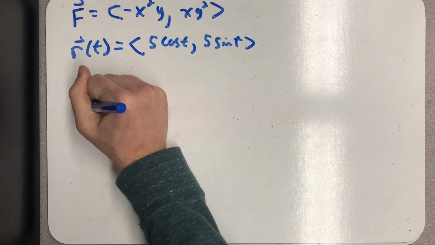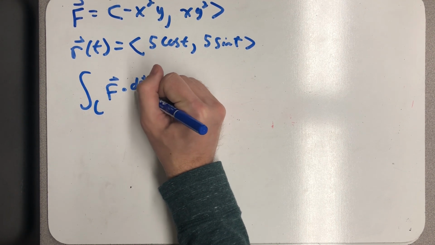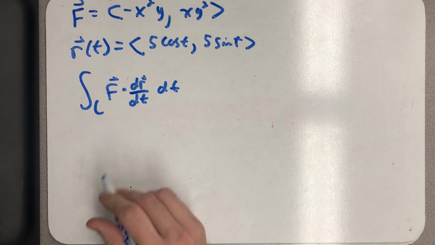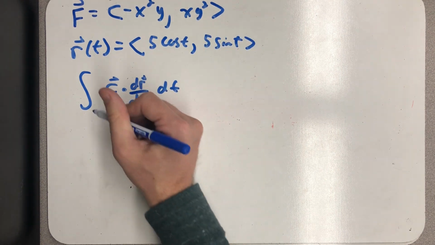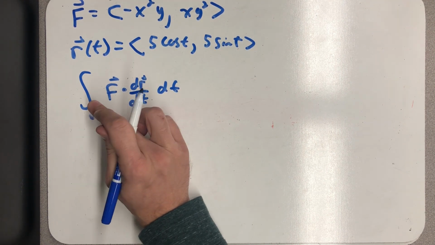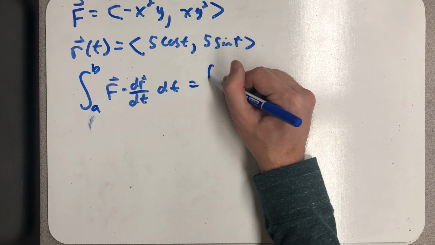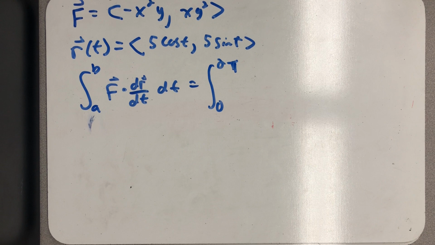All right, well, my path integral is equal to this statement where I need to evaluate that vector field at my path, from a to b. So for us, we'll be going from 0 to 2 pi, and then we need to figure out what that integrand is going to be.